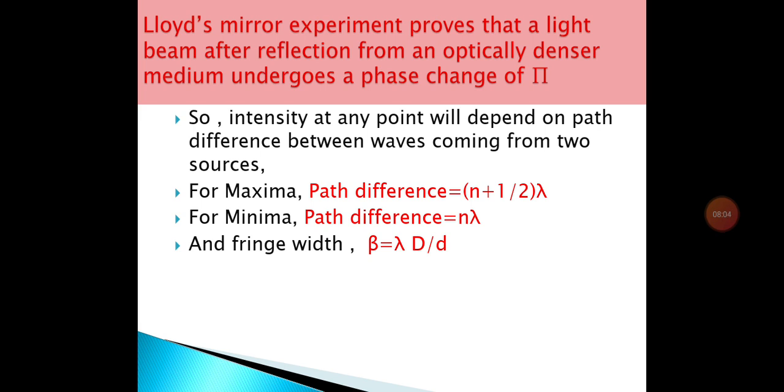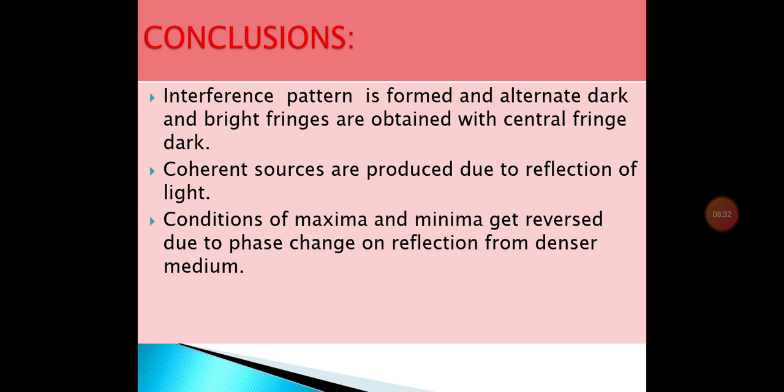As you know, the phase change in one of the rays has been introduced because of the reflection from the denser medium, so automatically the conditions for path difference for maxima and minima will be somewhat different. You can see here, for maxima the path difference will be equal to (n plus 1 by 2) lambda, and for minima the path difference should be equal to n lambda, right?